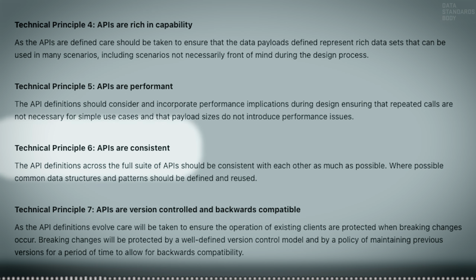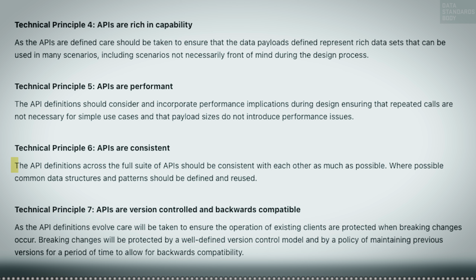Technical Principle 6. APIs are consistent. The API definitions across the full suite of APIs should be consistent with each other as much as possible. Where possible, common data structures and patterns should be defined and reused.